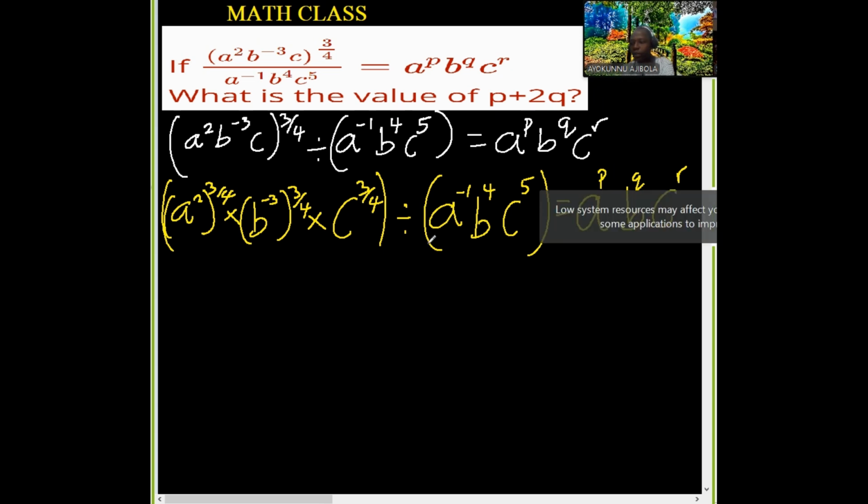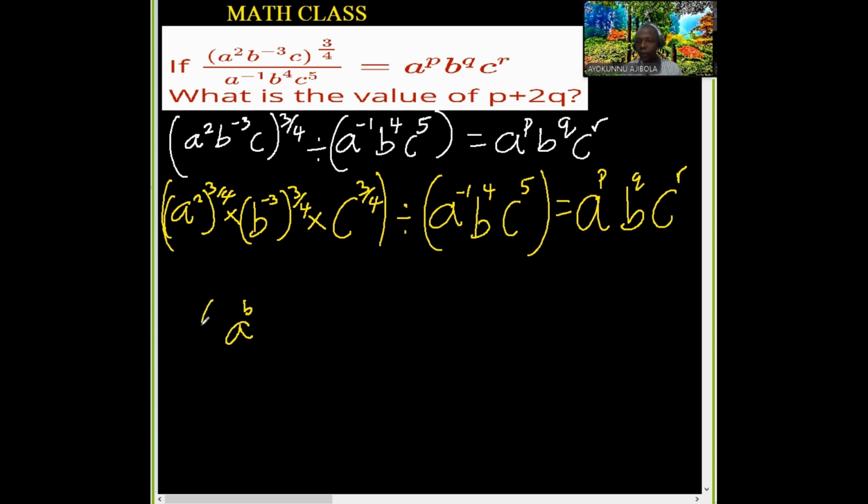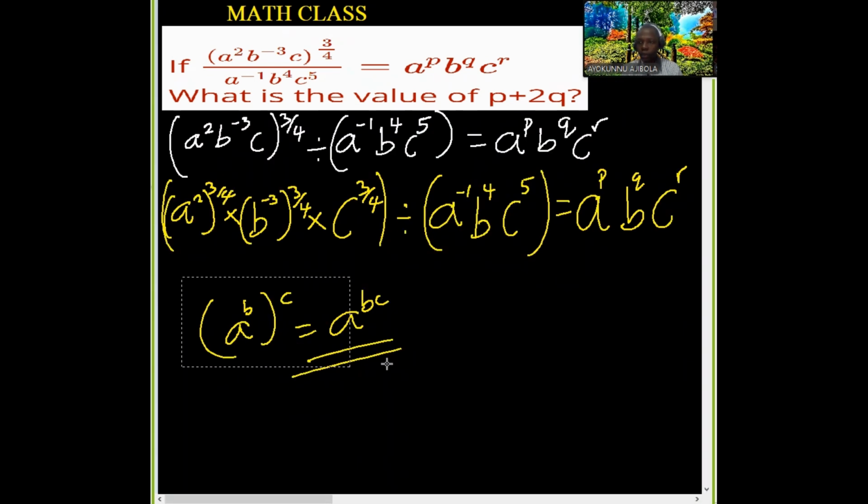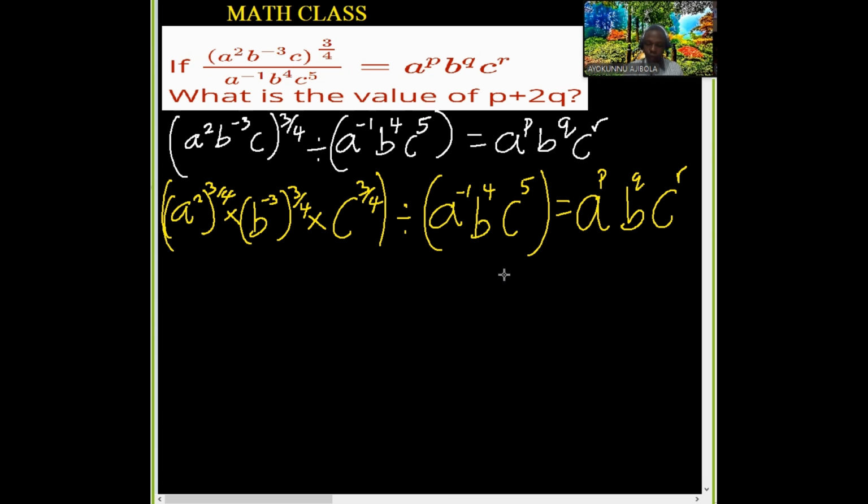So right now what we need to do is to simplify. When you have a number with a power and another power, you are multiplying the powers. You know this, right? Yes. Okay, good. So what we need to do now is to multiply all these double powers. That'll be 2 times 3 over 4, which is 2 over 4 times 3, that will be 3 over 2.